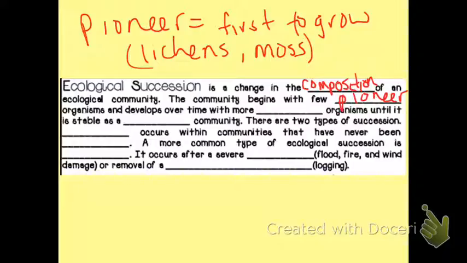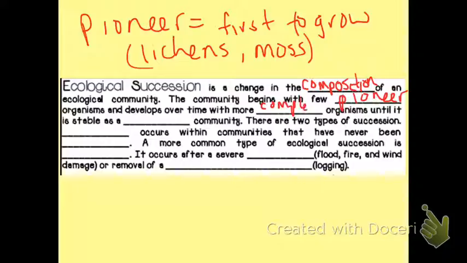So if you think of the word pioneer in terms of people, when we think of the pioneers in early America, right, they were moving west into the frontier. They were pioneers. They were the first ones settling the new area in order to bring new civilization to that part of the country. Alright, so the community begins with a few pioneer organisms and develops over time with more complex organisms.